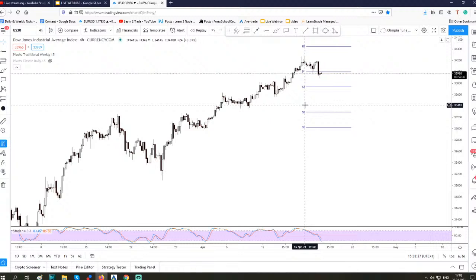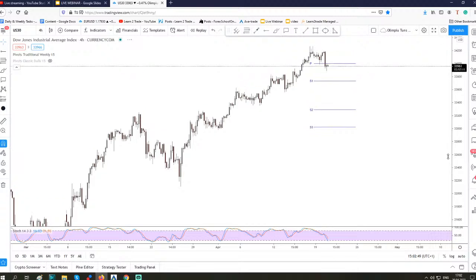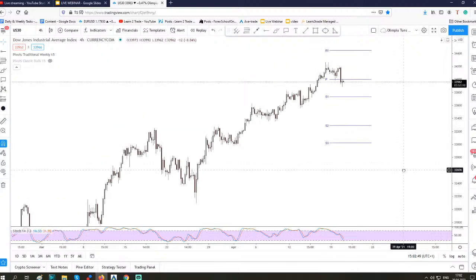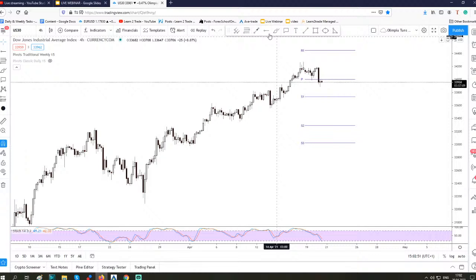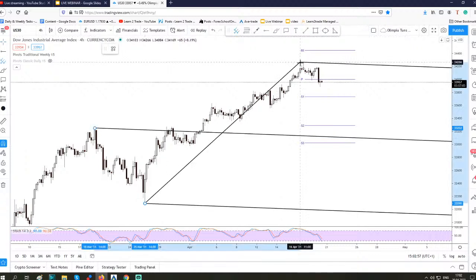It has failed to approach the weekly resistance, and now it's traded right below the weekly pivot, 34,000. So it could develop a minor retreat, a minor correction after this important growth here.